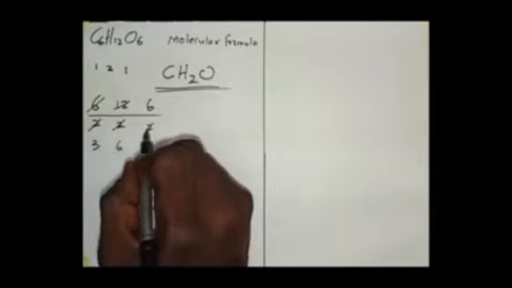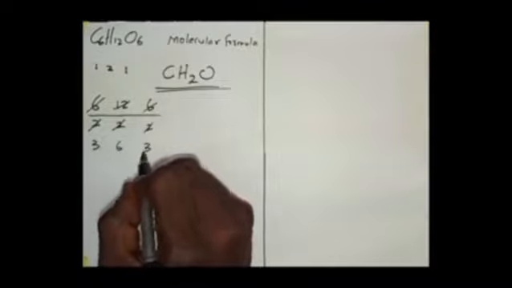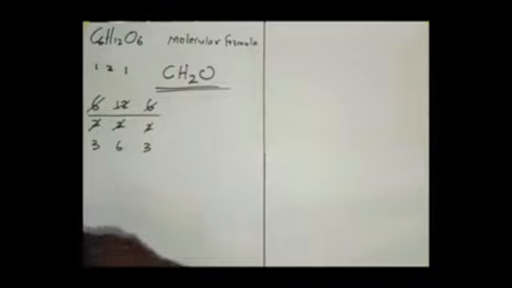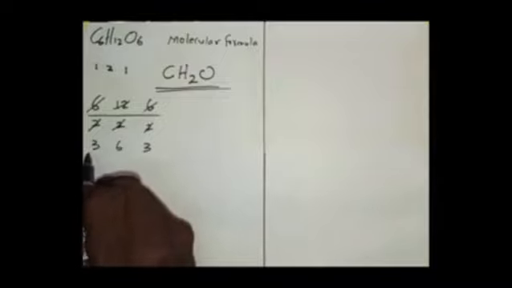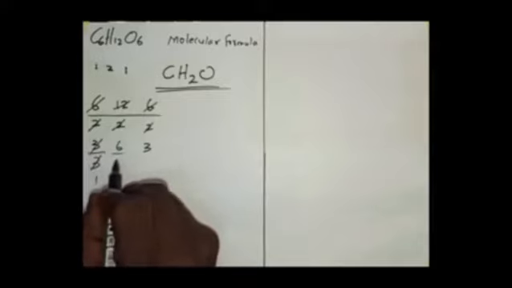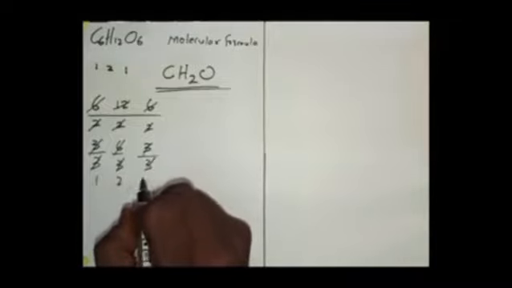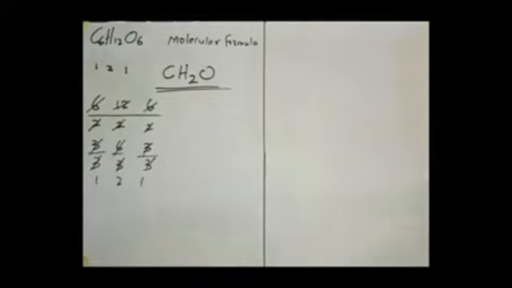And when 2 divides 6, it will give you 3. So we still have another number that can go through here, right? And that number is 3. Let's try 3 this time. When 3 divides 3, it's going to give us 1. When 3 divides 6, it's going to give us 2. And when 3 divides 3, it's going to give us 1. So that is how we got 1:2:1. So hence, the empirical formula for glucose is CH2O.